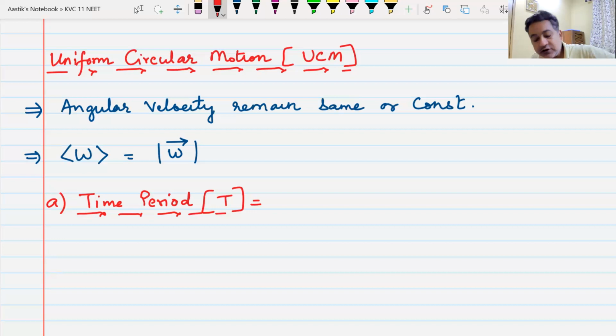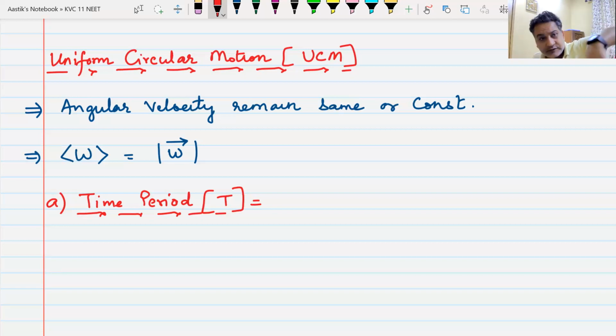The tip of the clock's seconds hand, hour hand, minute hand: uniform circular motion. Motion of the moon around the earth, uniform circular motion. Revolution of the earth around the sun is not actually uniform circular motion because it is an elliptical path.